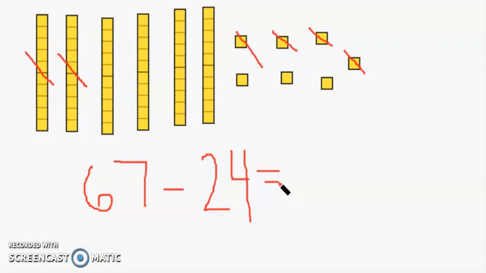So why don't you take a second to count how many place value blocks are left? Awesome. So you might have noticed that there were 4 place value blocks left in the tens and 3 ones. So 67 minus 24 equals 43. That's the equation that we had to write to show subtraction, or finding the difference.